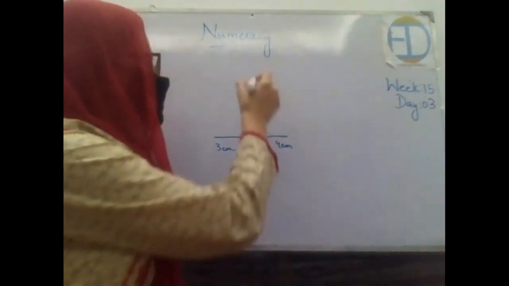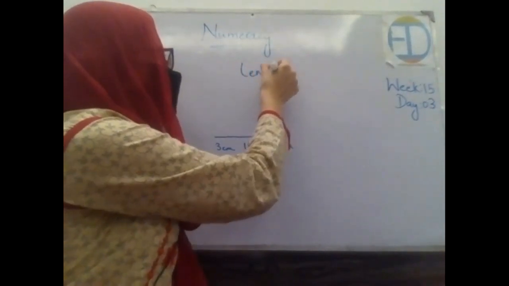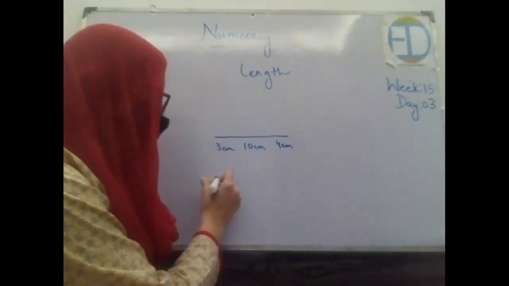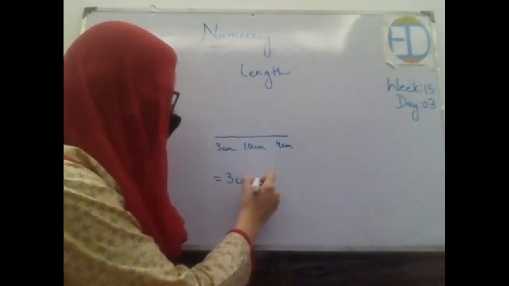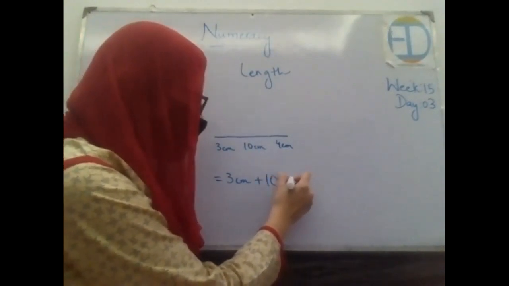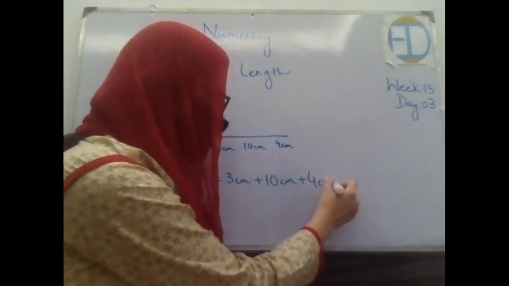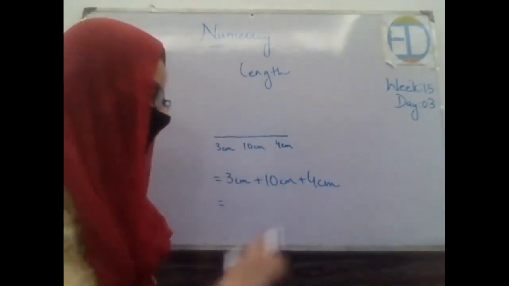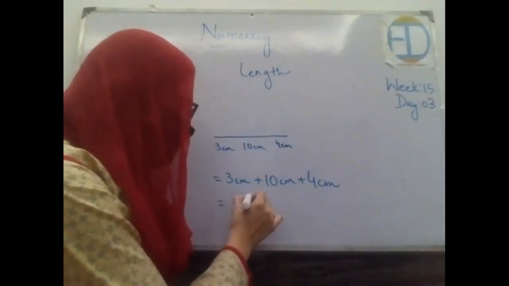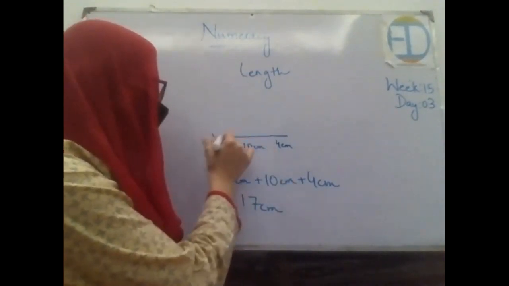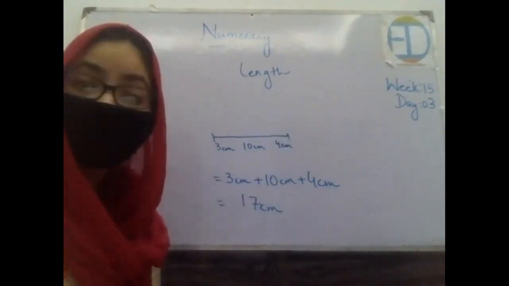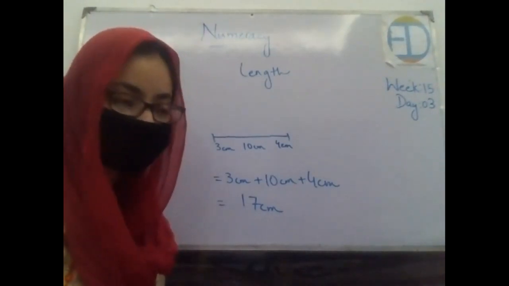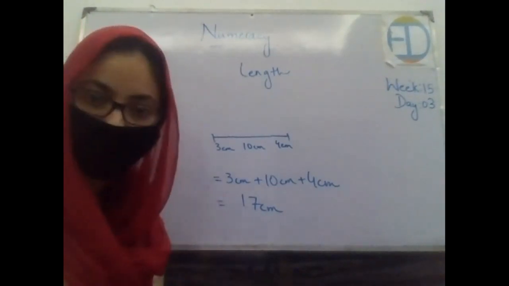Let's write them: 3 centimeter plus 10 centimeter plus 4 centimeter. This is equal to 3 plus 10 makes 13, plus 4 makes 17. This means that this line is a total of 17 centimeter. Got it? So this is how we can do different operations, or measure the length of different things together. Got it?